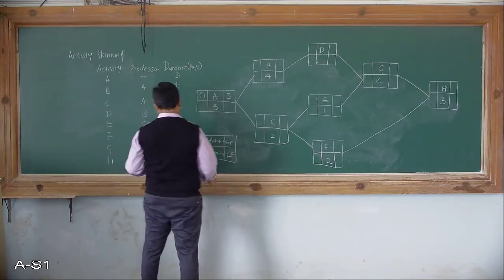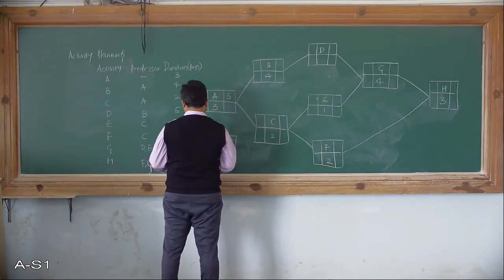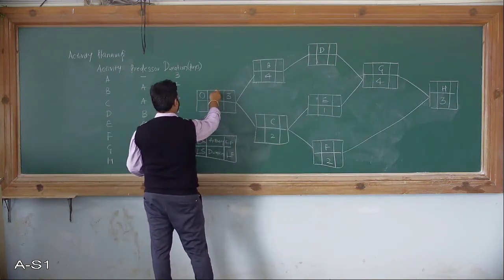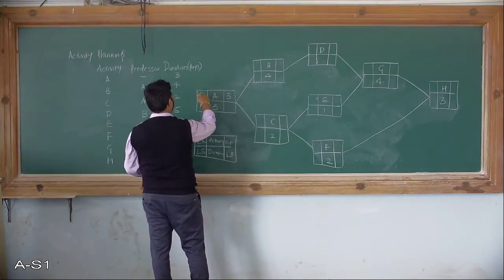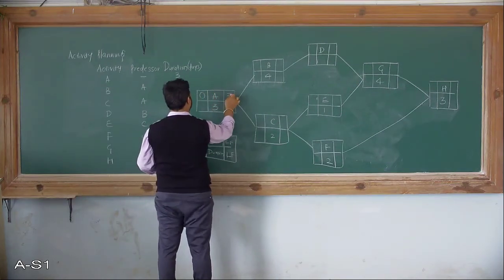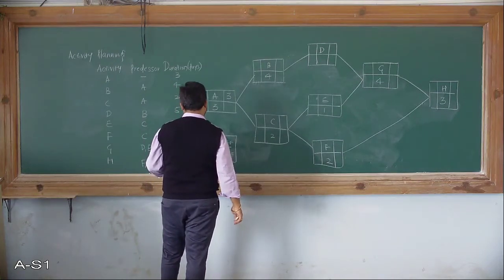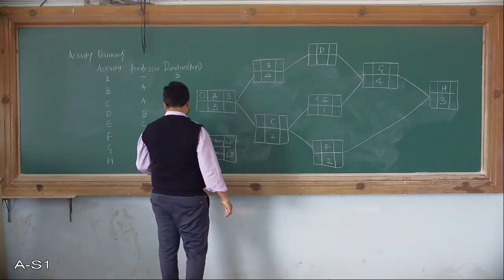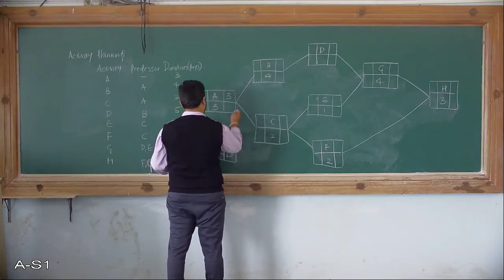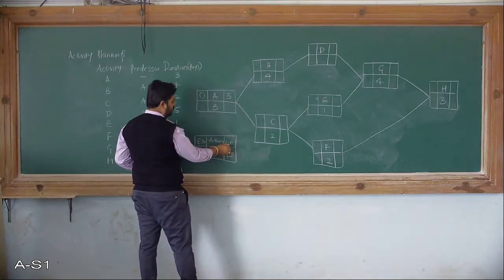Fine. So we have started with activity A, which starts from the 0th time, then 0 plus 3 is 3. Then the early finish, you can observe here. So this is my early finish.